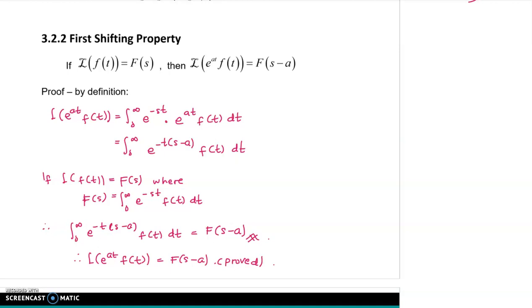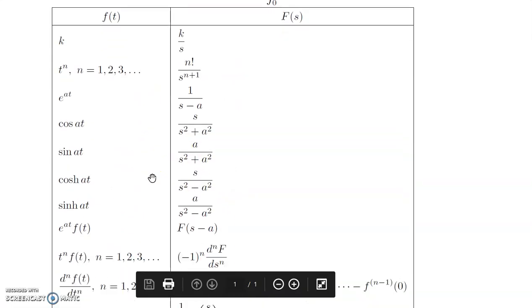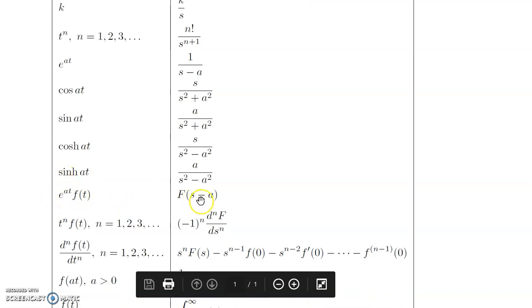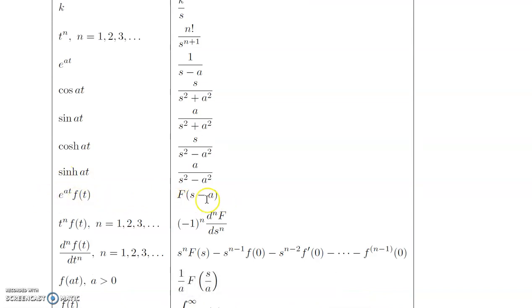The first shifting property says that if the Laplace transform of f(t) is F(s), this is the well-known notation, then the Laplace of exponent at times f(t) is F(s minus a). If we refer to the table, it is here. So this is the first shifting property.